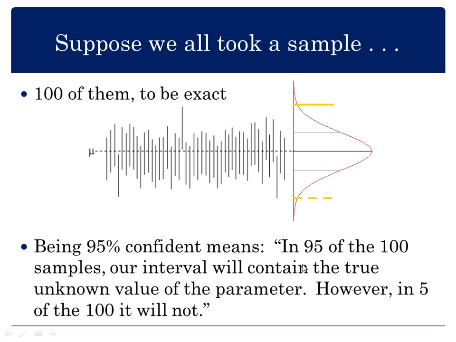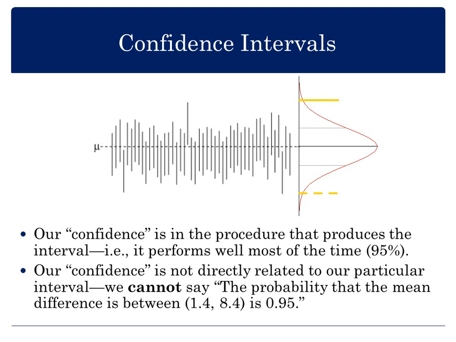Or 95% of the samples that could be drawn from the population will create an interval that would contain the true value of the parameter that we're trying to estimate. 5% of them won't. So our confidence is in the procedure that we're using because it performs well most of the time. But we're not really talking about our specific confidence interval.